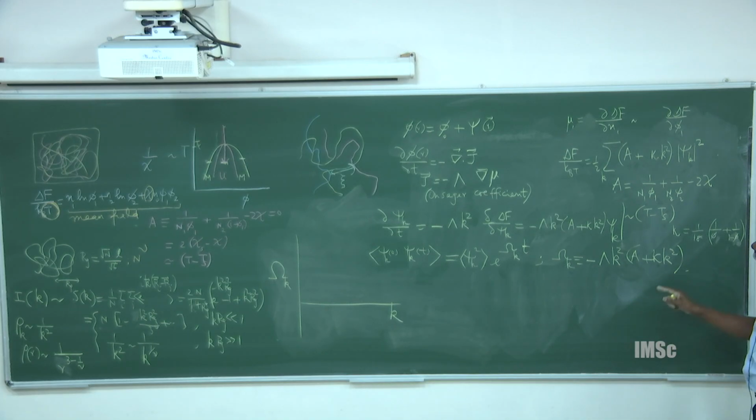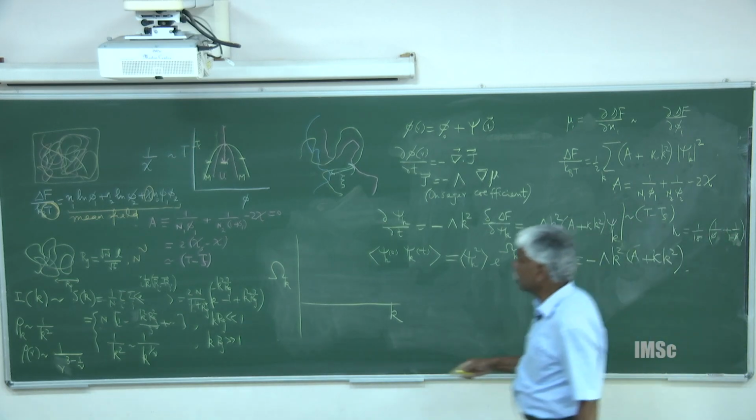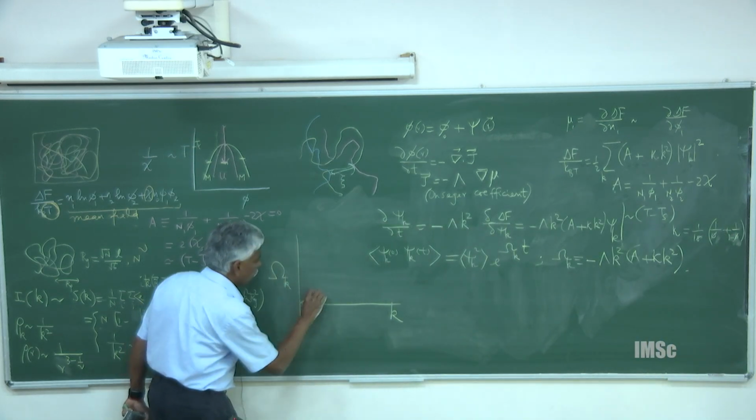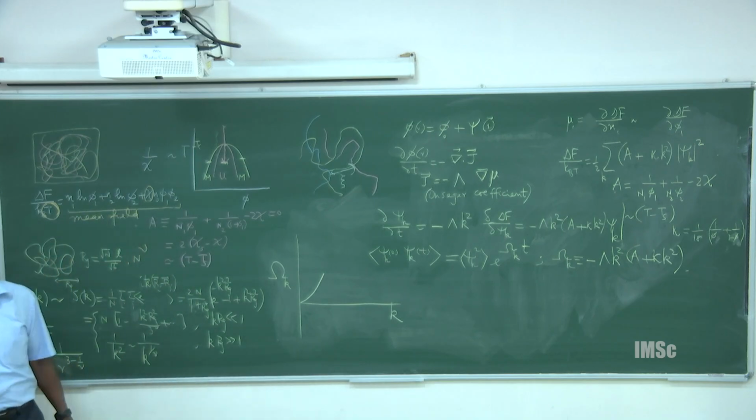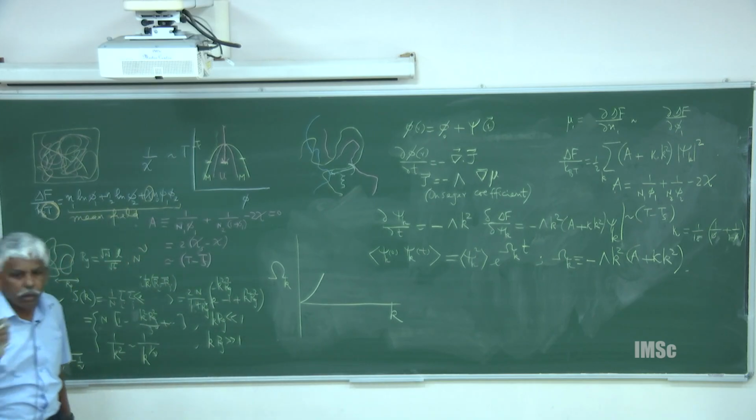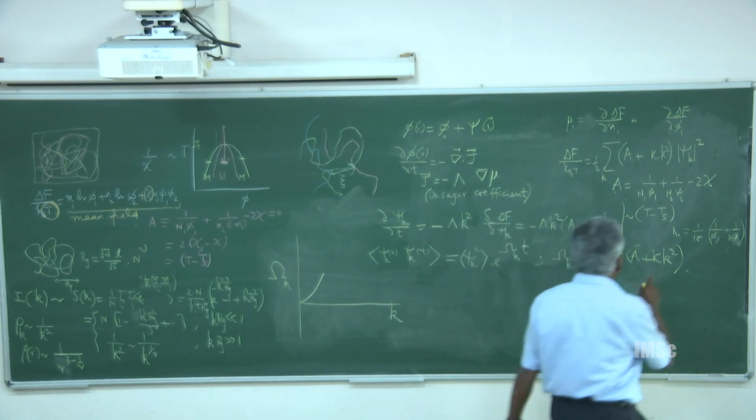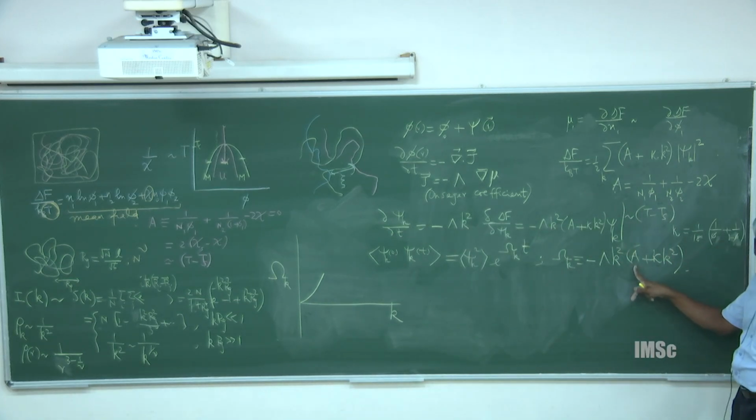For small k, this term is not going to be that important compared to A. Therefore, this is a negative number, and then I have another negative number times a positive quantity, quadratic in k. So, what happens is this is going to increase like this for small k, but for large k, this is going to dominate over that.